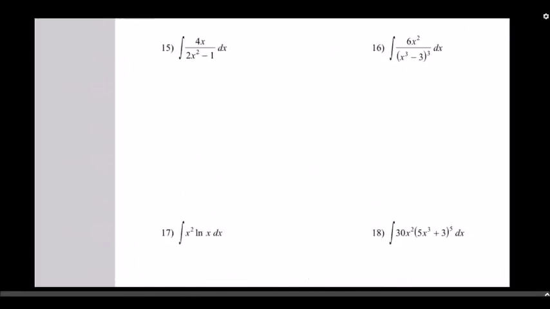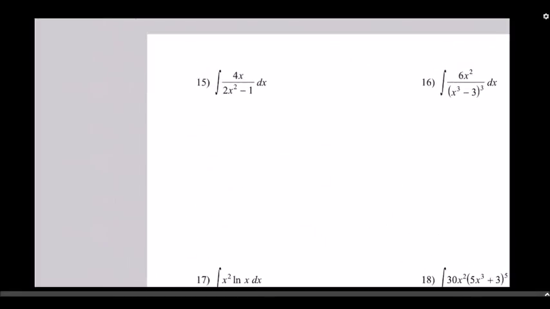Hopefully we end up with a few easier ones here. It looks like, right off the bat, if I let that equal u, then the denominator is just du. So this is kind of a nice one. We've got du over u.